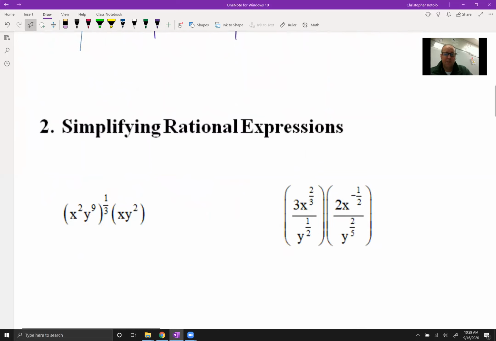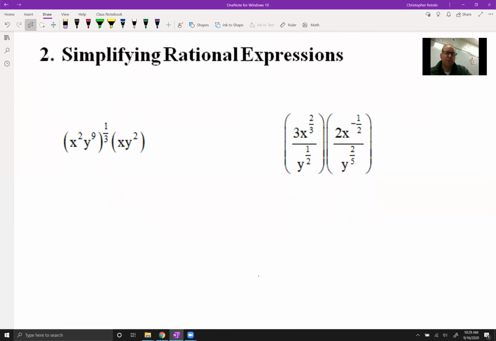Okay, so now that we've seen that, we want to review our exponent rules, and this is where we're going to use some of those things. Remember, power to a power has to happen first, so this is now x to the 2/3. This is y to the 9/3, or just the 3rd power. We need to multiply that by xy squared.